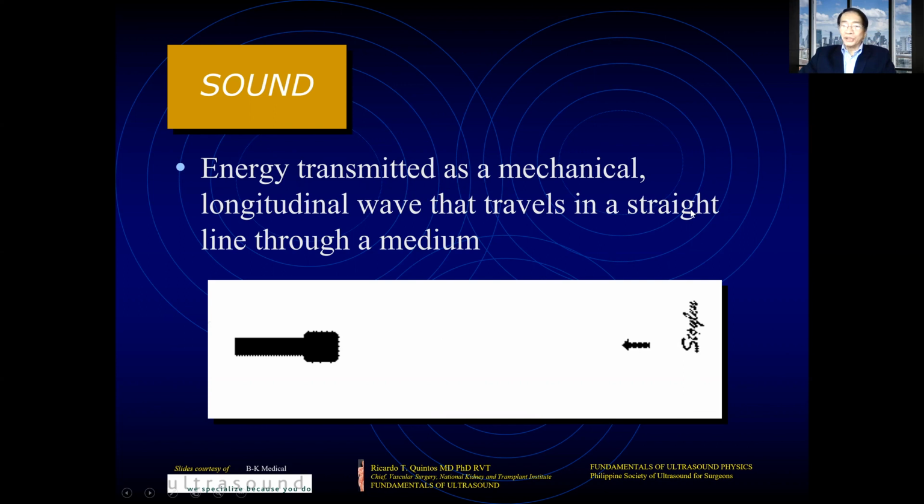It travels in a straight line and it requires a medium. Without any of these different properties, then there is no sound. So sound as an energy requires the medium through which it will travel in a longitudinal wave in a straight line for the sound to be completed.